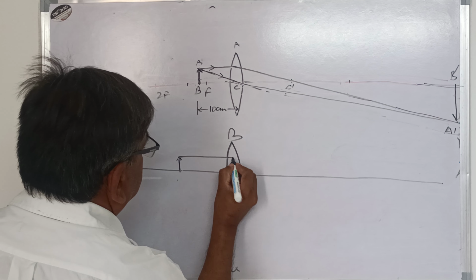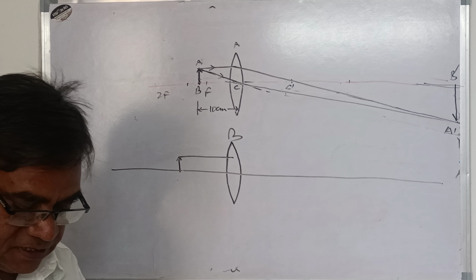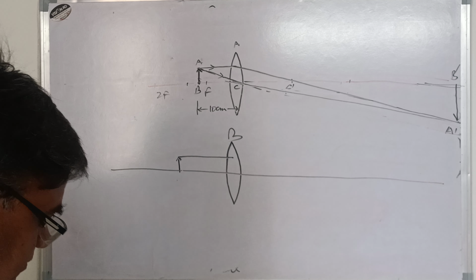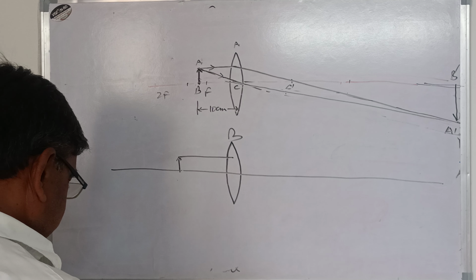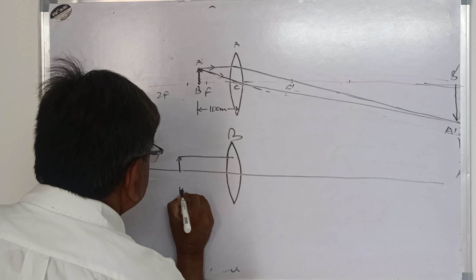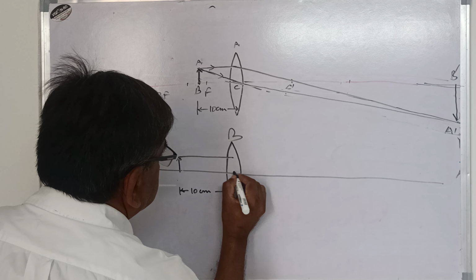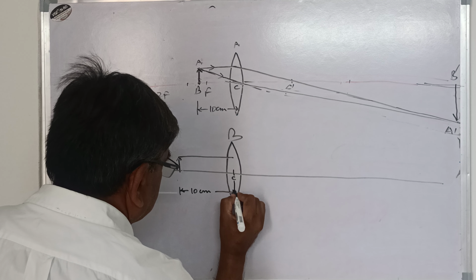And same size image भी inverted and real बनती है. It is 10 centimeter in front of. It is 10 centimeter. This is C. This is middle point.